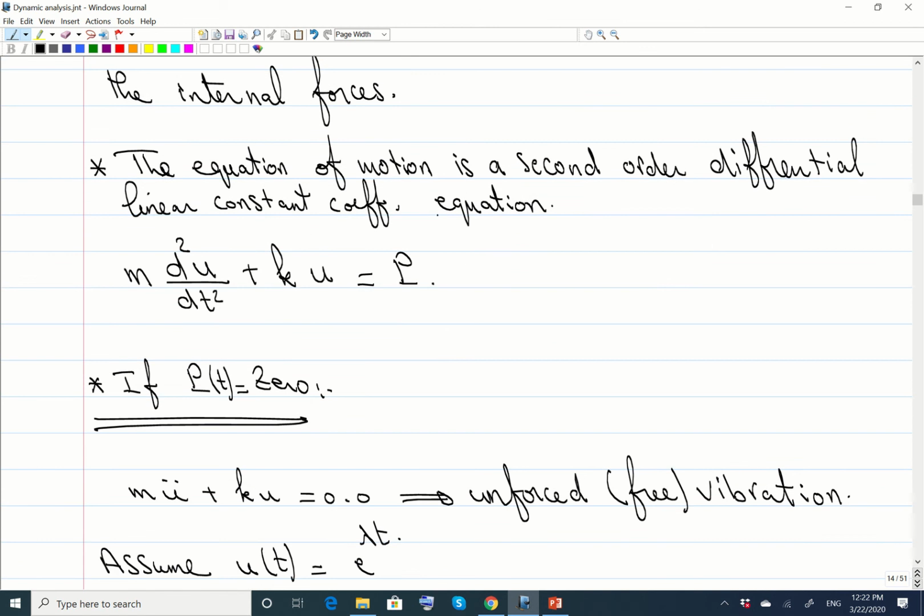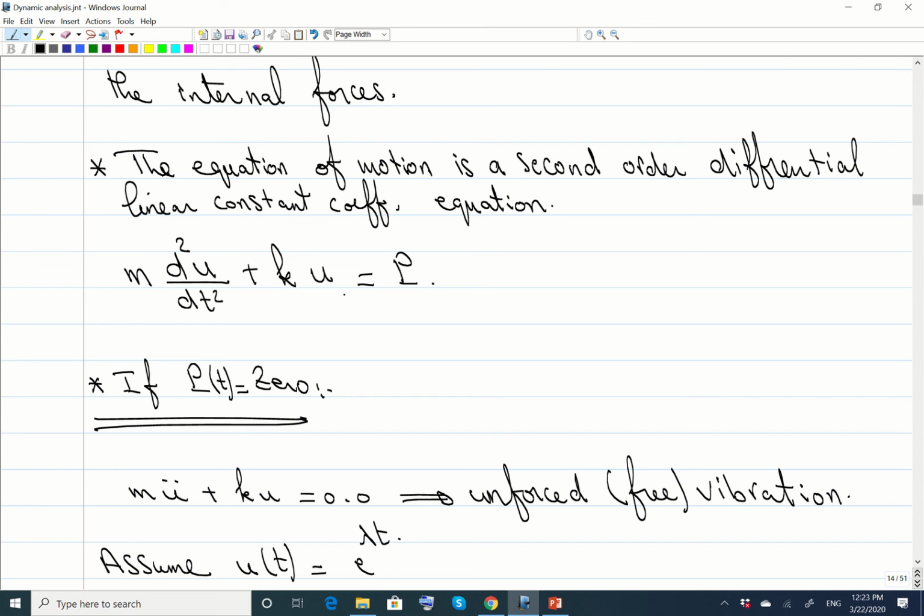So now this equation, let's write it like this. It's m u double dot, which is d2u by dt squared, okay? So u dot is du by dt, u double dot is d2u by dt squared. I hope you understand this notation now, okay? u dot is du by dt, u double dot is d2u by dt squared, plus ku equals p. We want to solve this equation.